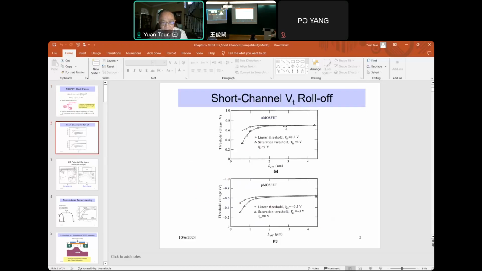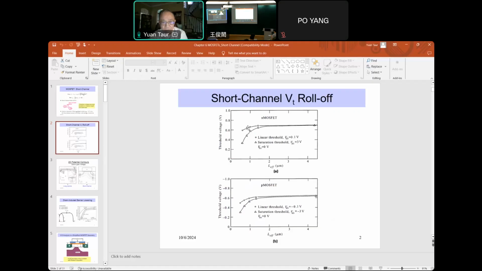And basically you measure the threshold voltage as a function of channel length. If it's a long channel, it's a constant, like what we learned in chapter 5, the 2 psi b condition. But once the channel becomes shorter, let's say below 1 micron or 1.5 micron, the threshold voltage becomes lower.